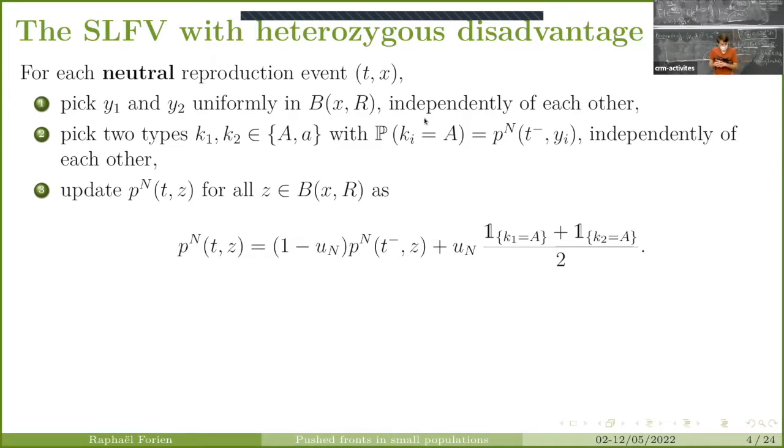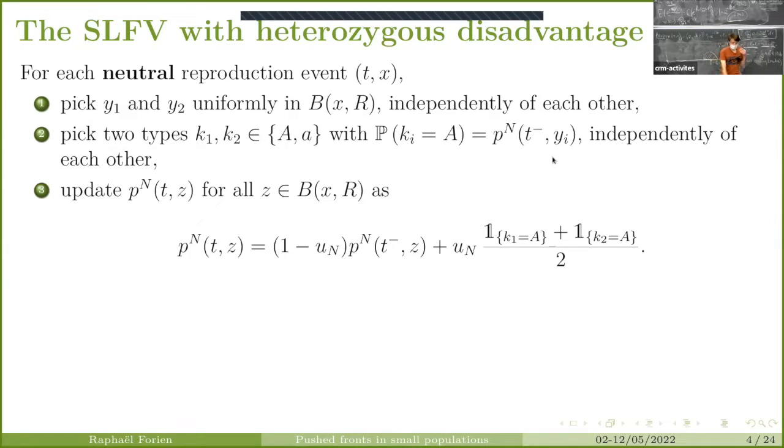We pick an individual that is going to reproduce. An individual has two copies of the gene, so we pick two copies at two locations according to the proportions right before the reproduction event. This gives us two alleles, k1 and k2, picked at locations y1 and y2. Then we replace a fraction u of the population in the ball by individuals with genotype k1, k2.